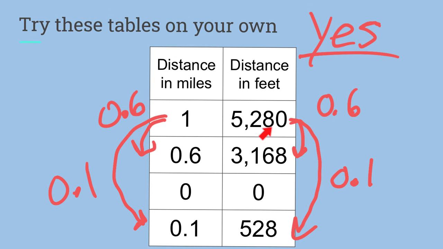And if I multiply 5,280, which is how many feet are in a mile, by 0.6, I do get 3,168. I could double check here too. What do I multiply 1 by to get it to 0.1? I multiply that by 1/10. And if I multiply by 1/10, 1/10 of this number is 528. I'm going to say yes, this is a proportion.